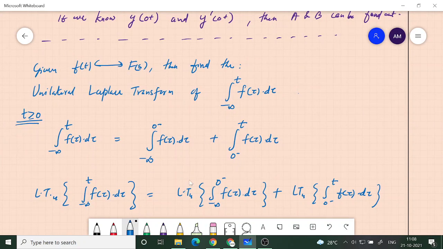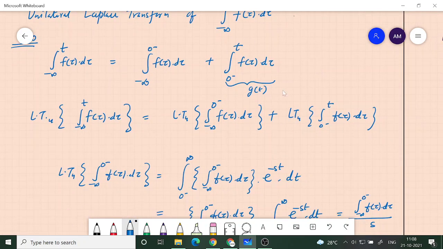So this is what I am calling g of t, and this is some integral. First I found the Laplace transform of the first part, and then of the second part. That's what I did.